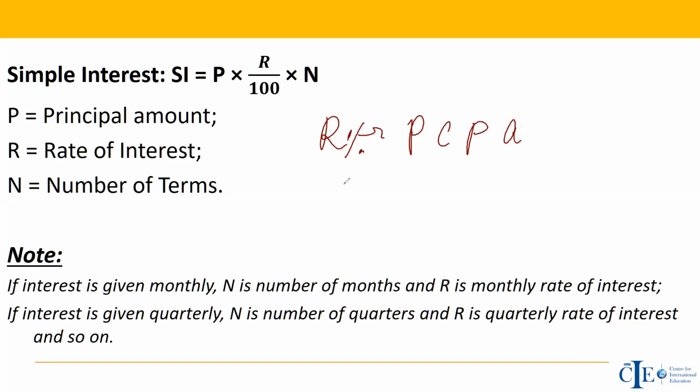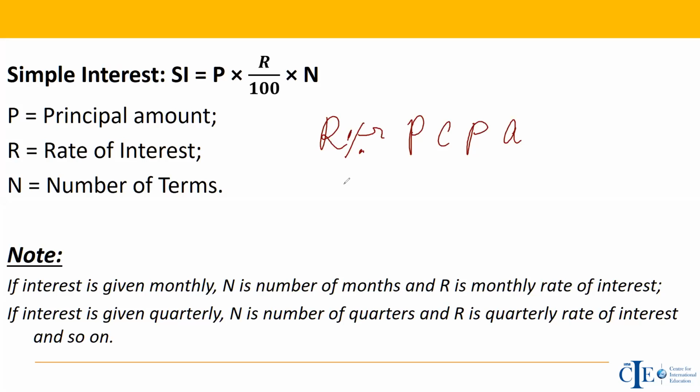If it is half yearly or quarterly, you need to divide it further and reduce. You don't have R directly for half yearly or quarterly. It is always and always for a yearly basis. This is the thumb rule. Then there is the number of terms, the number of times you would repeat the interest calculation.